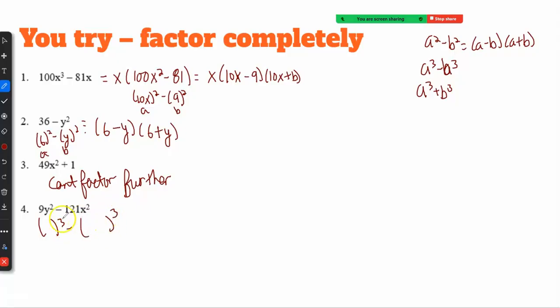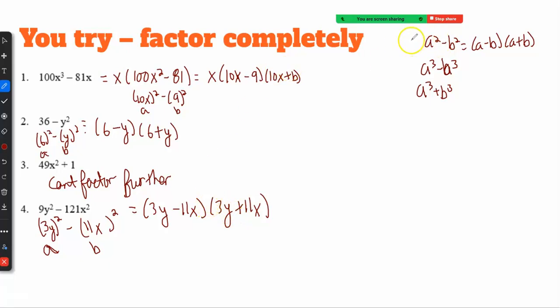This last one, 9 is 3, y squared is y. Sorry, this is difference of squares, not difference of cubes. 121 is 11 in x. So this is difference of squares. A minus b, a plus b is how you'd write that.